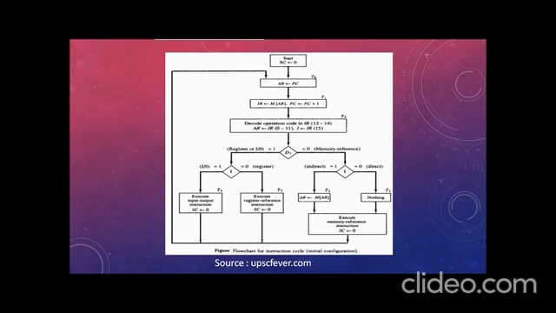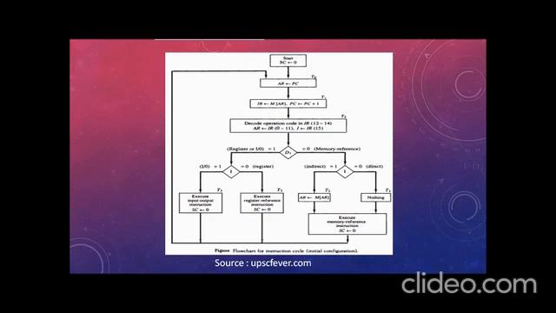The next step is to decide the addressing mode at clock pulse T3. If the value of D7 is equal to 1 and I is equal to 0, then the type of instruction is register reference type.